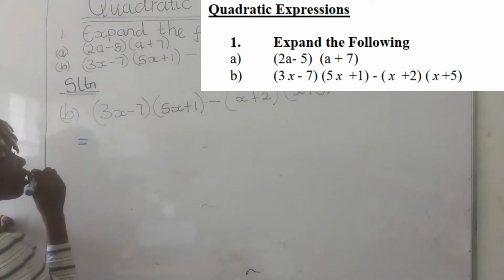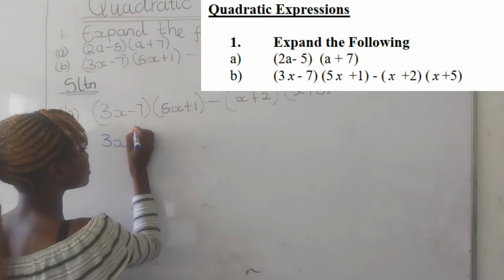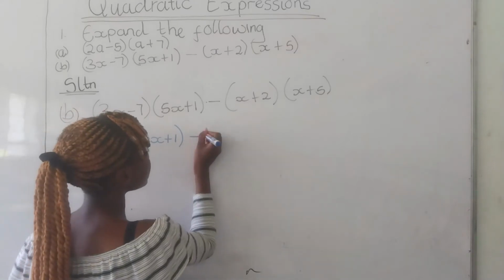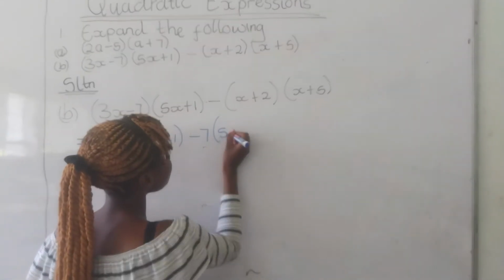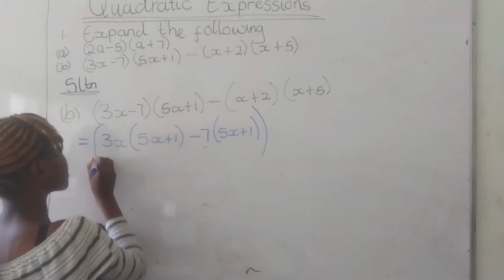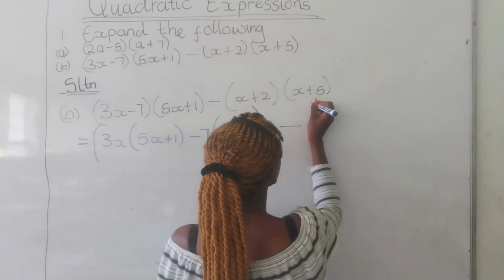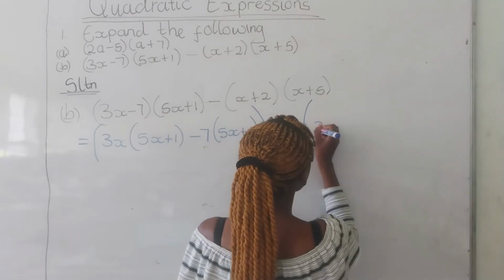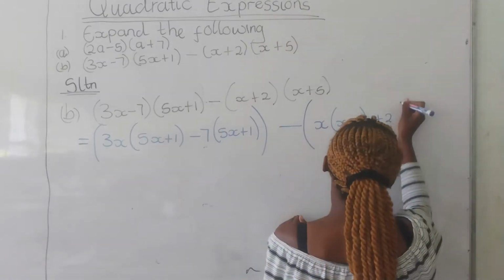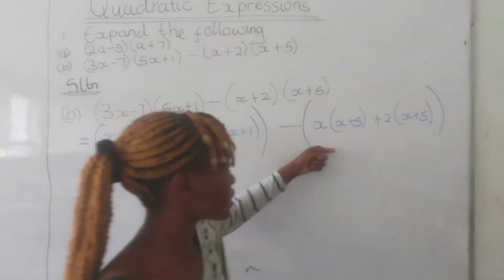It is equal to 3x bracket 5x plus 1 minus 7 bracket 5x plus 1. We put overall brackets for the first part, minus bracket again, we put the overall bracket and say x plus 5 plus 2 x plus 5 bracket and the overall bracket for the second part.